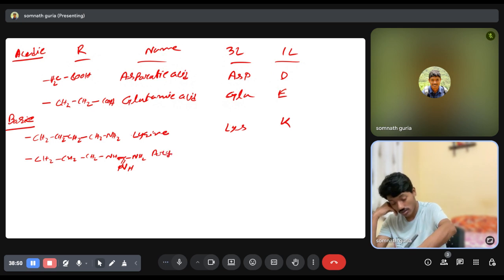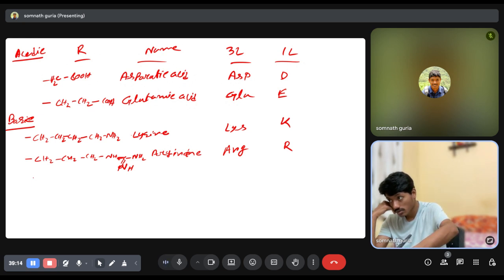Three-letter code is ARG, one letter code is R.